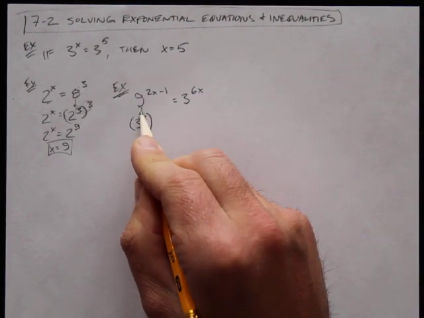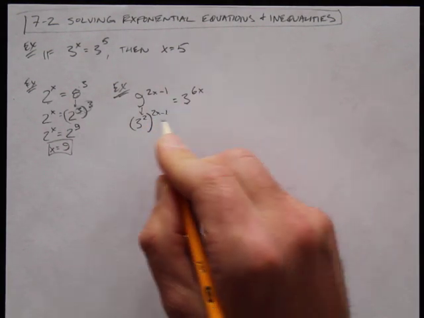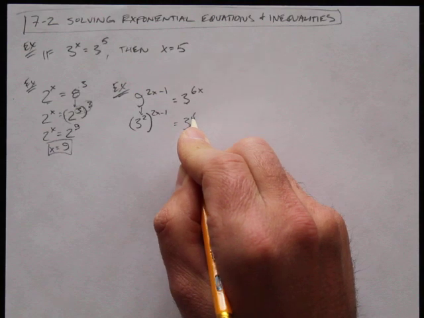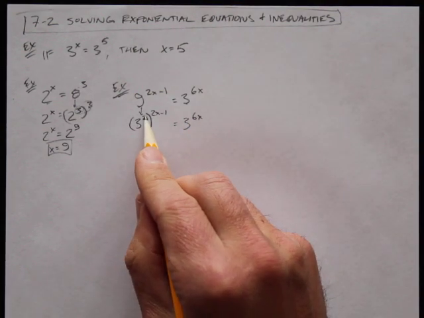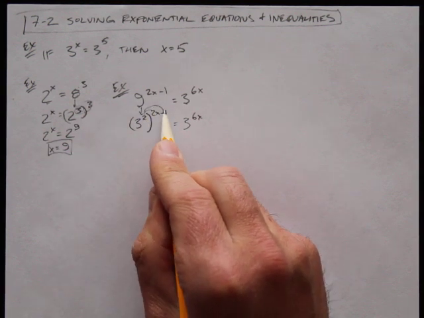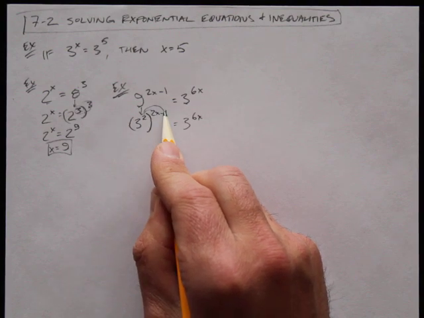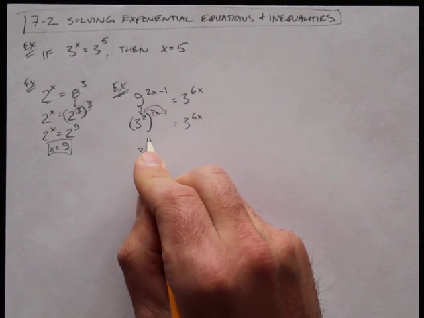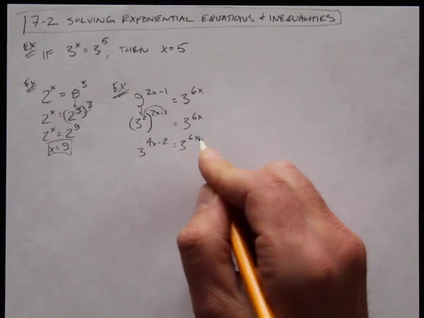So 9 becomes 3 squared, but it still has this 2x minus 1, equals 3 to the 6x power. So now, remember, if I raise it to another power, I've got to multiply. So these exponents need to be multiplied. So 2 times 2x and 2 times negative 1. So I've got 3 to the 4x minus 2 equals 3 to the 6x.